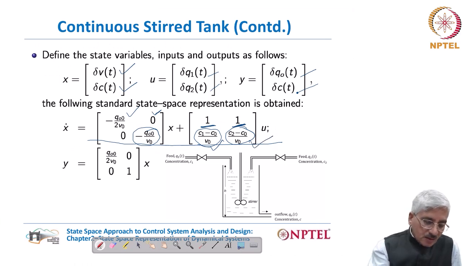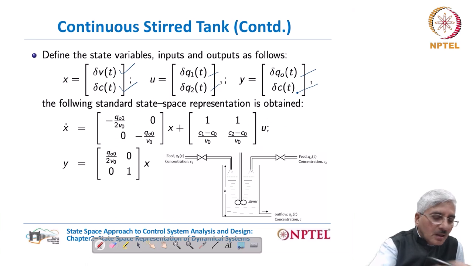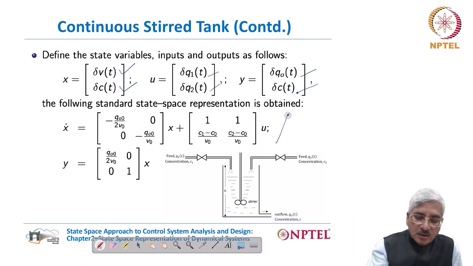So we get the state equation as x dot equal to Ax plus Bu. This is the A matrix and this is the B matrix.